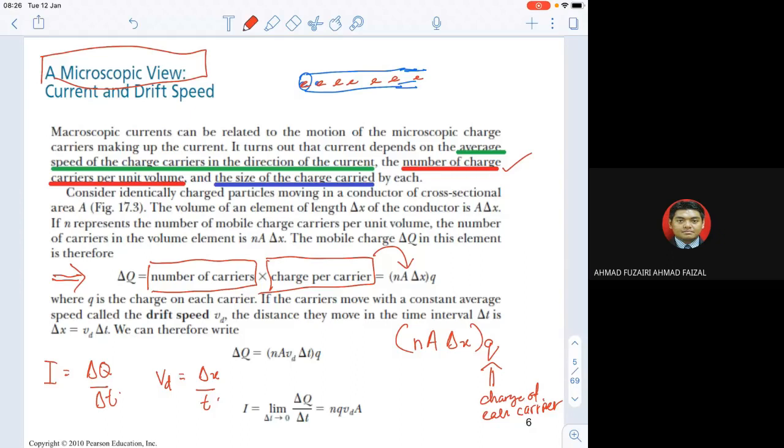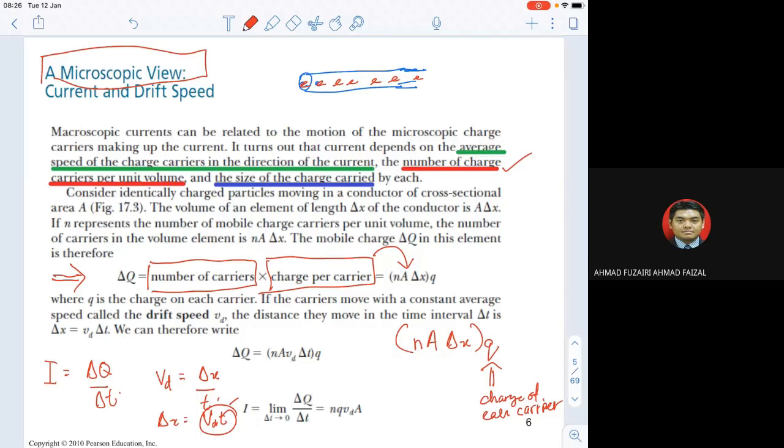So delta x itself is Vd times t. That's why we can put Vd times t inside here.